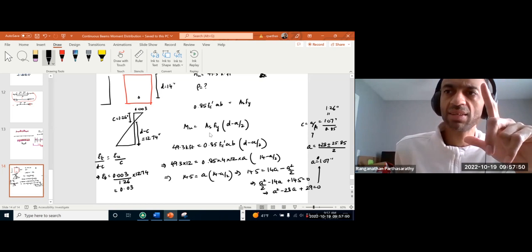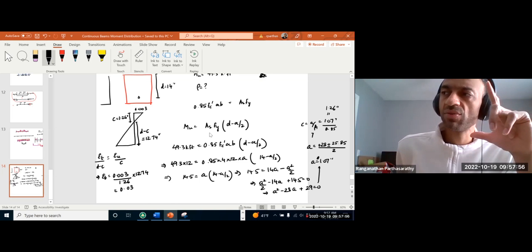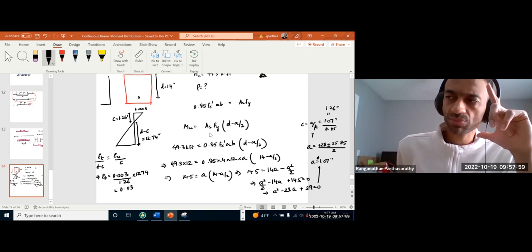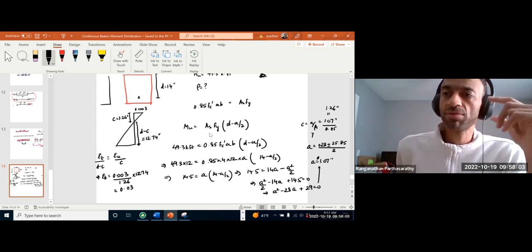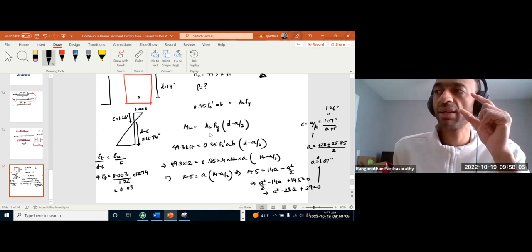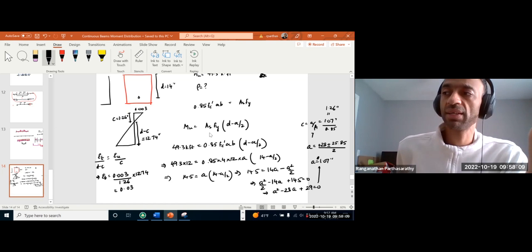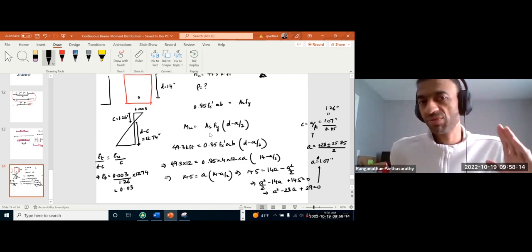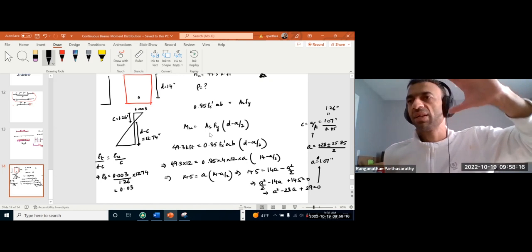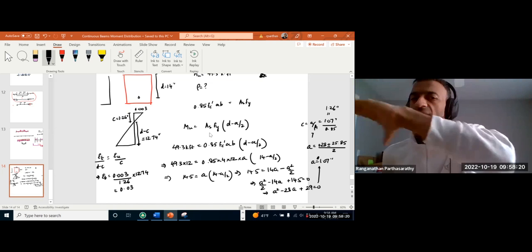We are doing it at the sectional level, and ideally we can only do moment redistribution if a plastic hinge can be formed there. How do we actually check whether a plastic hinge can be formed there? We need to do our moment curvature relationship. Then we need to see where it is curving in the moment curvature diagram. Do we have enough ductility there?